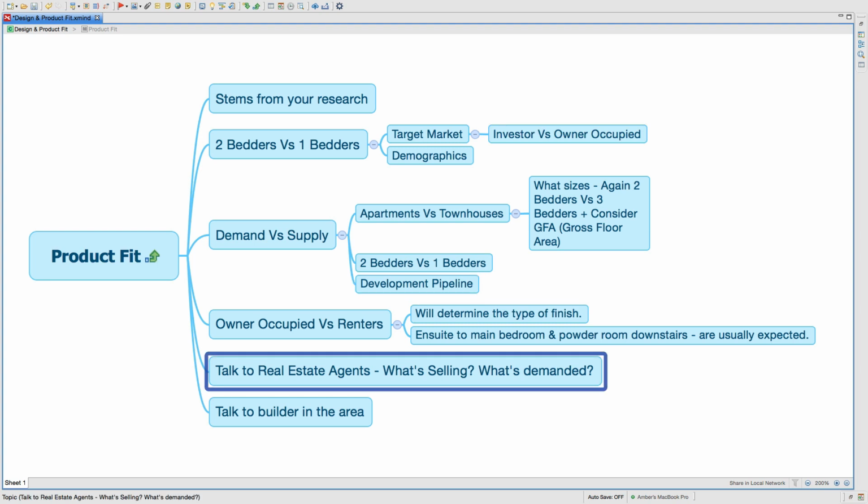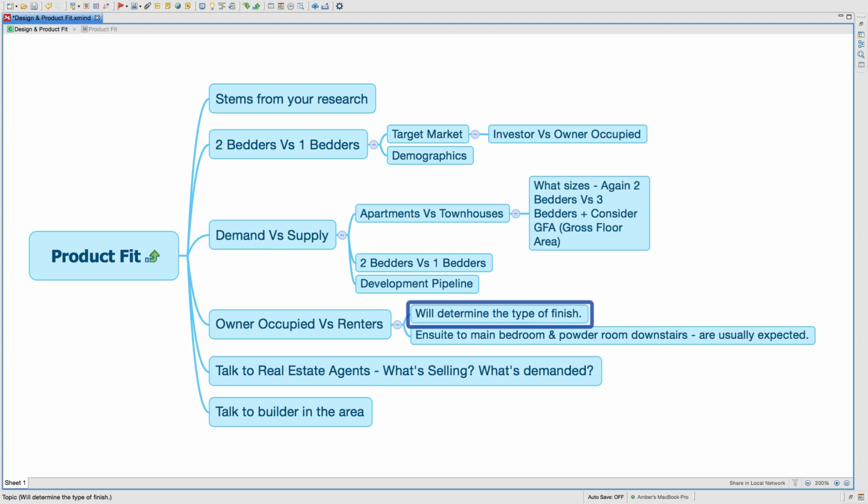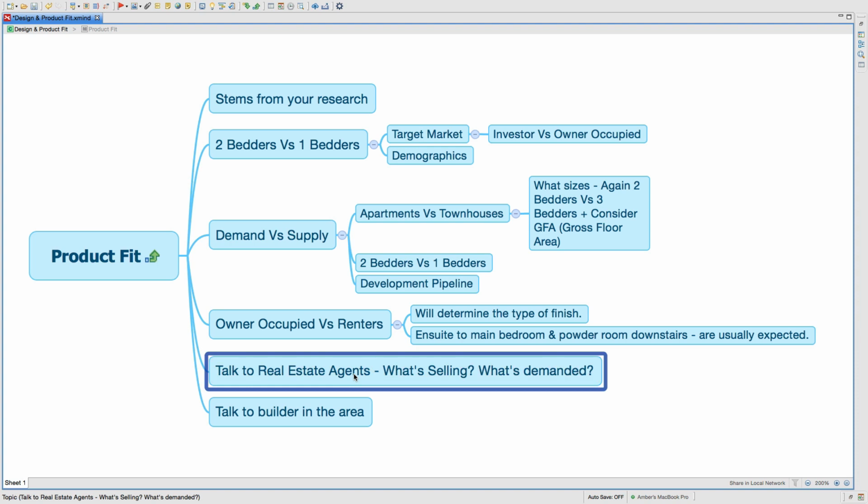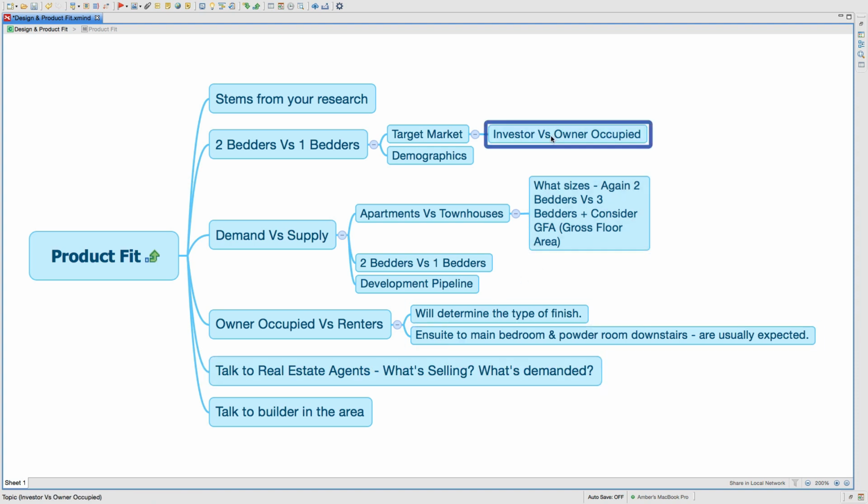Now you've got owner occupied versus renters, which determine the type of finish, to ensure ensuite to main bedroom and powder room downstairs are usually expected. Talk to real estate agents about what's selling or what's demanded. For example, I'll give you an example with investors.